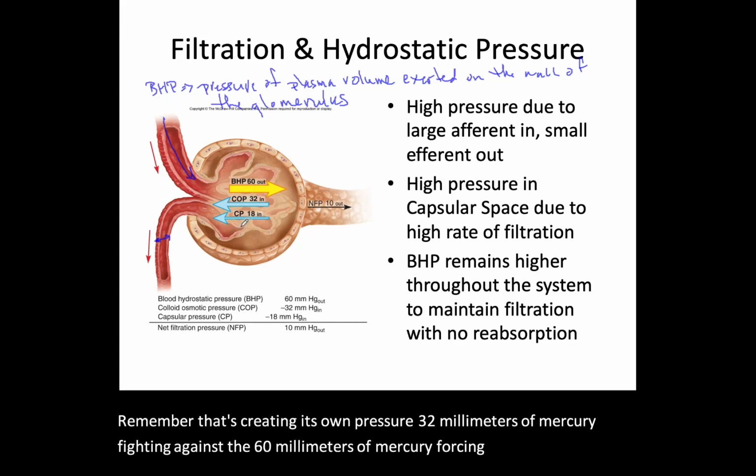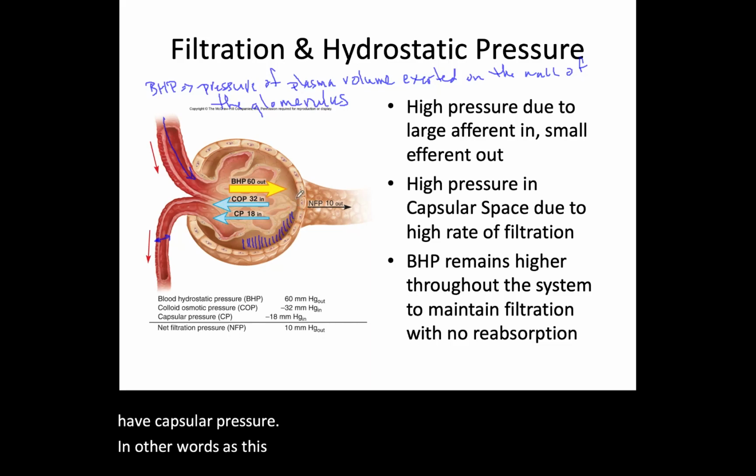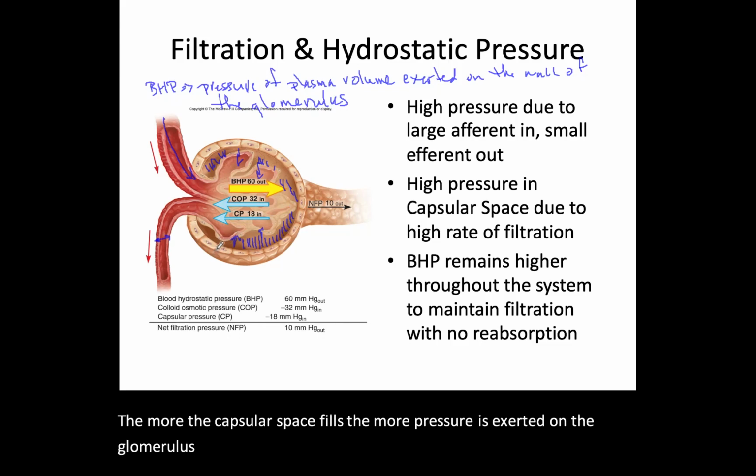And you have capsular pressure. In other words, as this capsular space fills with filtrate, it applies pressure onto the glomerulus. The more the capsular space fills, the more pressure is exerted on the glomerulus, the less filtering is going to occur.